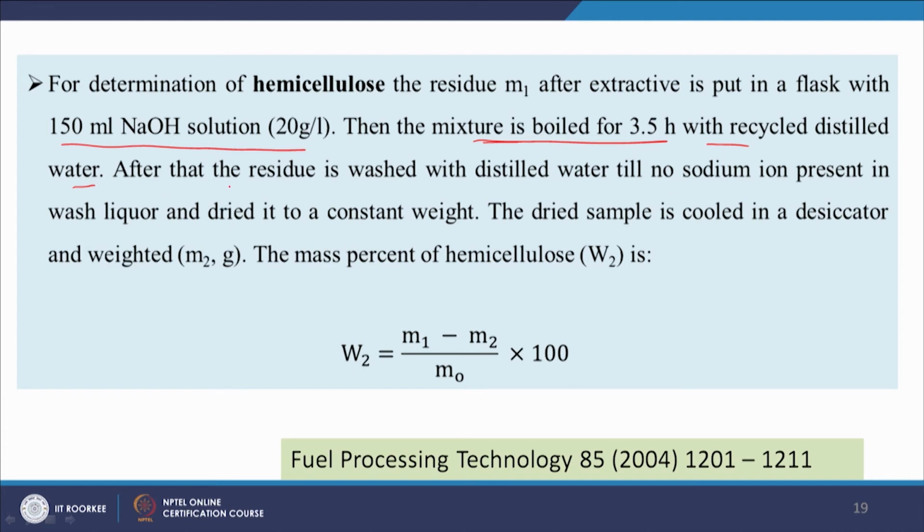After that, the residue is washed with distilled water till no sodium ion is present in the wash liquor and dried to a constant weight. The dried sample is cooled in a desiccator and weighed, that is M2 gram. The mass percent of hemicellulose W2 is equal to (M1 minus M2) by M0 into 100.